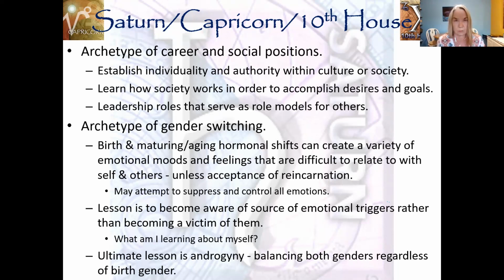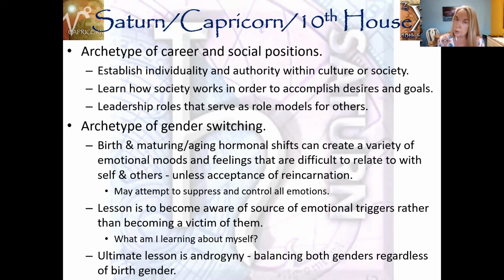And so here again, if we can go over to that polarity and use the withdrawal and animations to start to become aware of those suppressed emotions, we can emotionally mature again, even with this archetype. And so we can become aware of what the emotional triggers are rather than becoming a victim of them. What am I learning about myself?